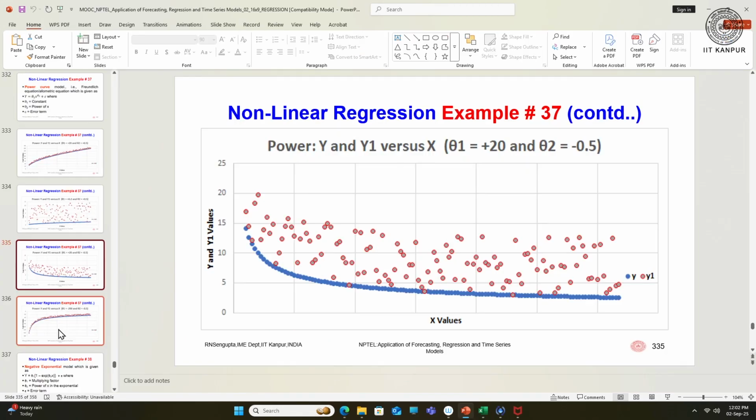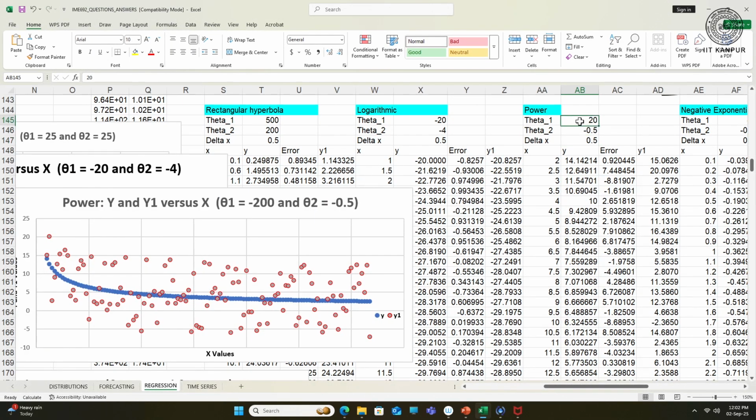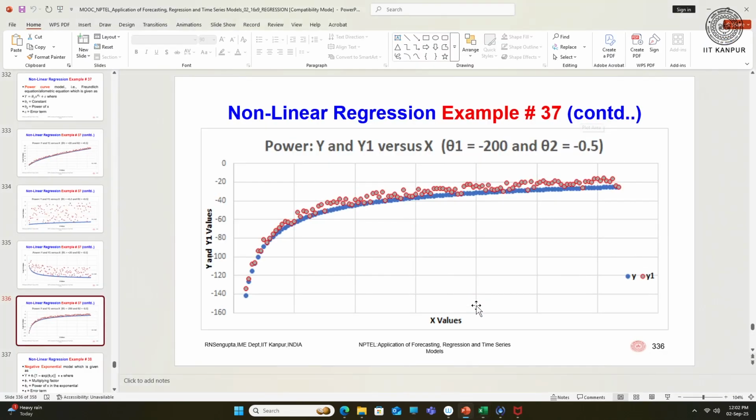So, with the value of 20 for theta 1 and theta 2 as minus 5, we have this data. Then if we have the data fit, when we have theta 1 as minus 200, theta 2 as minus 0.5, again it is equally dispersed both on the left and the right.